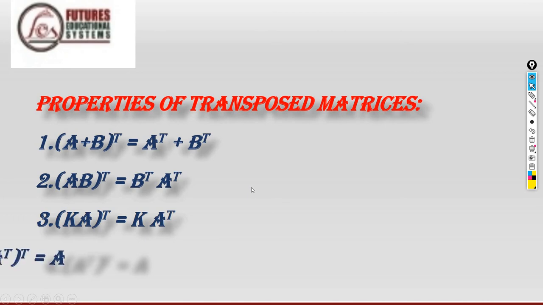Properties of transpose matrices. If we have two matrices A and B, the transpose of the addition of two matrices equals the transpose of the first matrix plus the transpose of the second matrix. And the transpose of the product AB equals the transpose of the second matrix times the transpose of the first matrix.